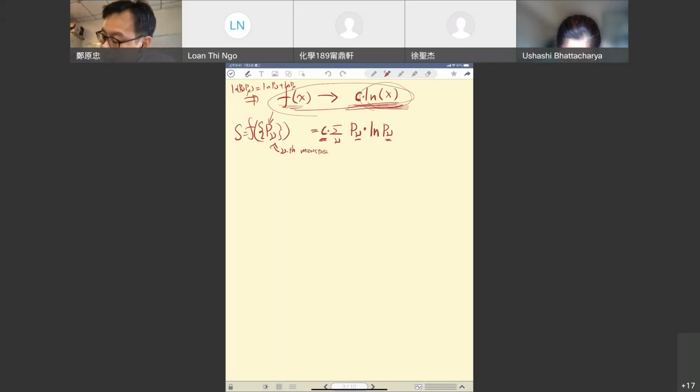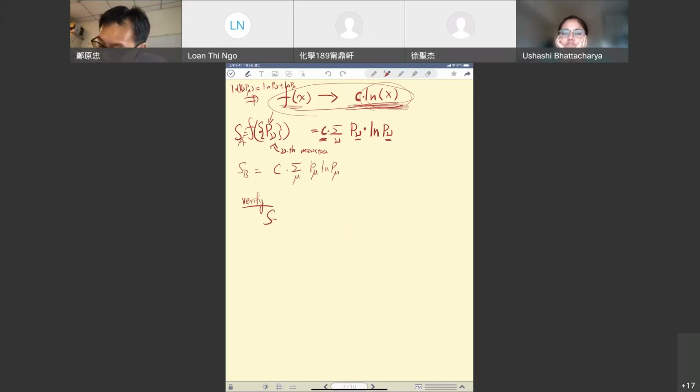So this is SA. Now SB should be the same constant times the sum over mu of P mu natural log P mu. Now S total, well, let's verify such a definition is consistent.